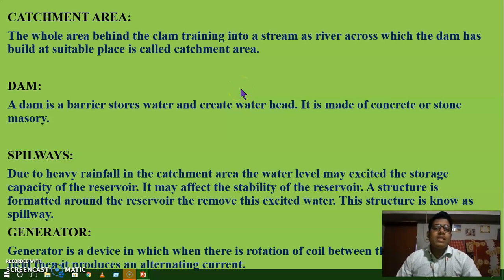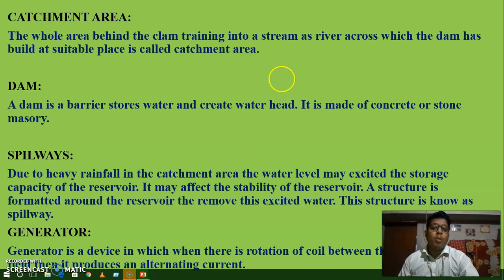Dam: a dam is built to store water and create water head, and it is made of concrete or stone masonry. Spillway: due to heavy rainfall in the catchment area, the water level may exceed the storage capacity of the reservoir. It may affect the stability of the reservoir.